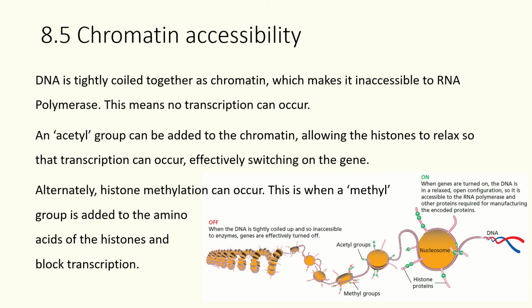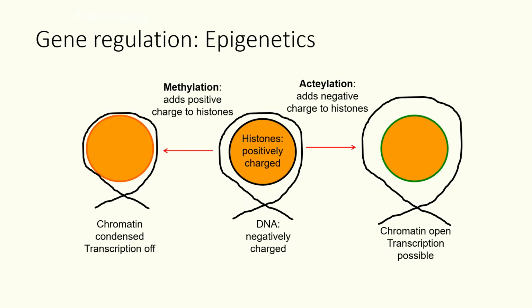We can have the opposite of that, which is methylation, where a methyl group, a single carbon and its associated hydrogens, are added to the amino acids of the histones, which causes them to be tightly wound and blocks transcription. You can see it summarized in this diagram. The histones are positively charged, the DNA is negatively charged.